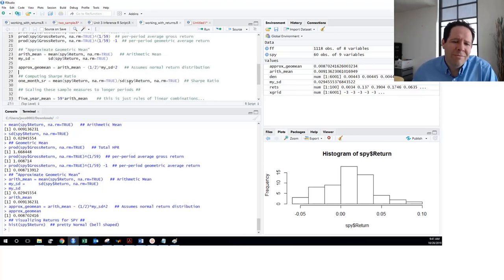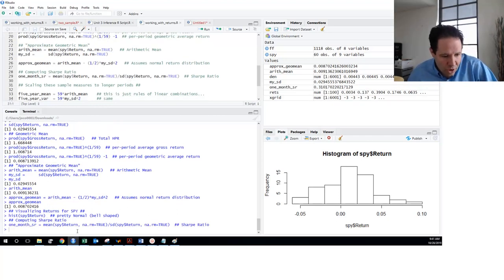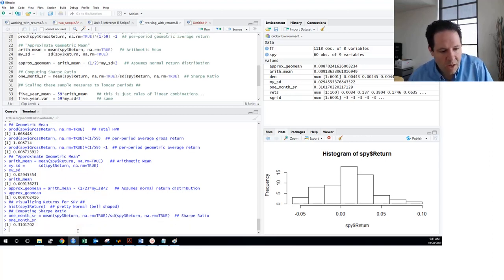Now to link back to that reward to risk ratio, here's computing this thing called the 1 month Sharpe ratio. You can see here the Sharpe ratio 1 month. That's just taking the average returns divided by the standard deviation of returns, and for monthly, that gives you an idea of, for an additional unit of risk, how much additional expected return the investor can expect from this S&P 500 investment.